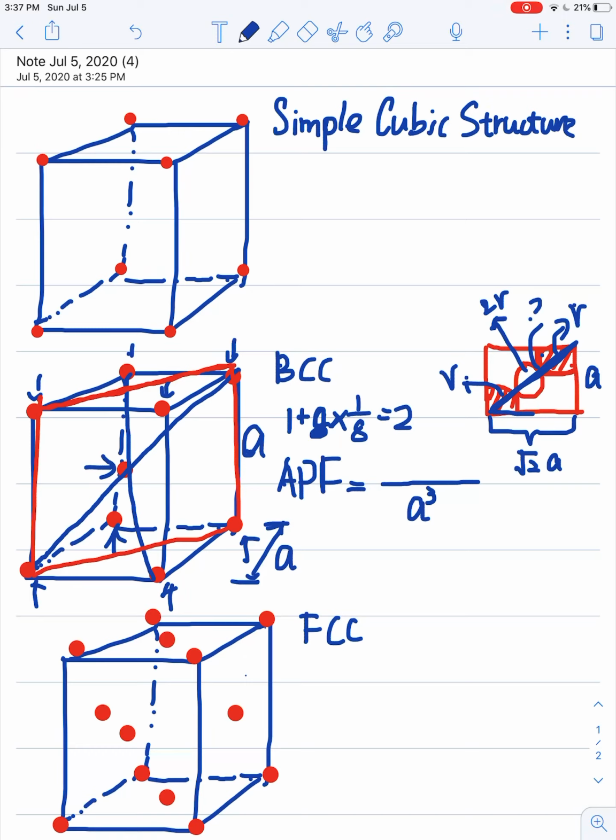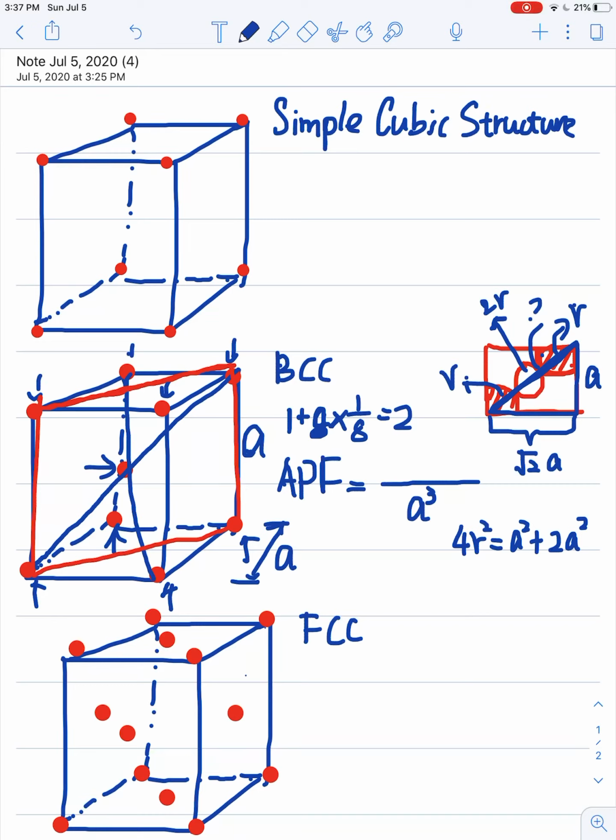Since here we have a triangle, we're able to build a relationship. It's 4r squared should equal a squared plus 2a squared. Now we can find the relationship between r and a.